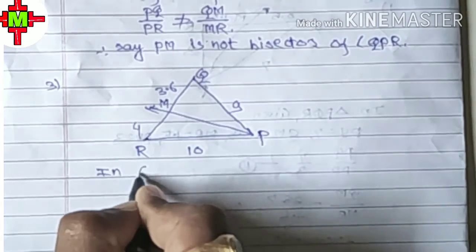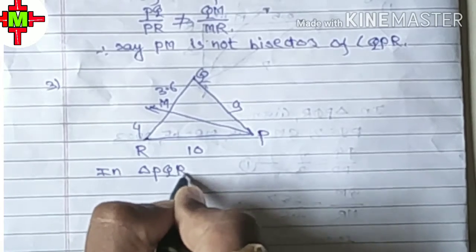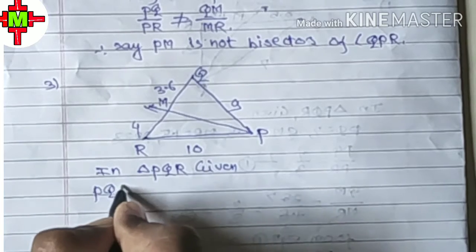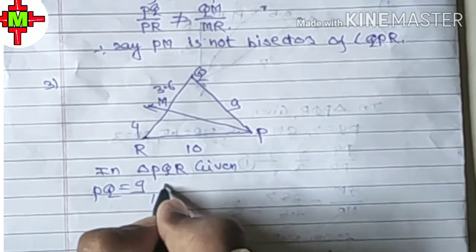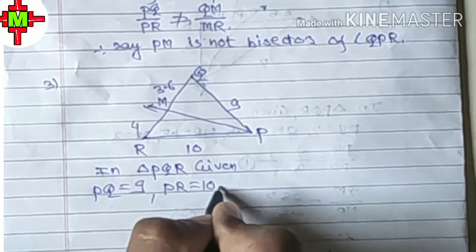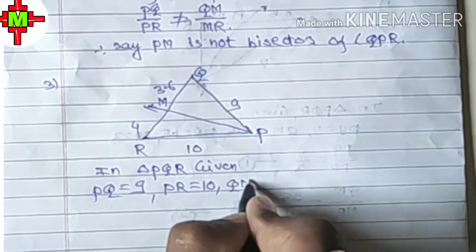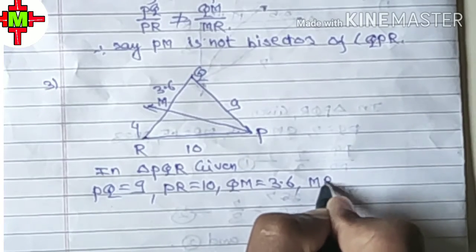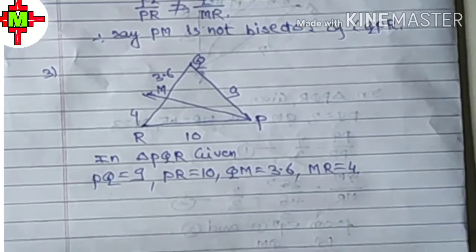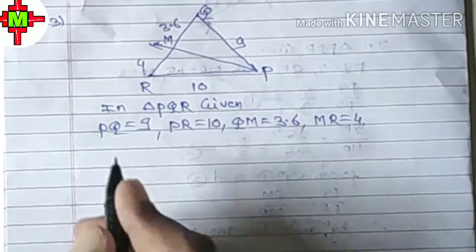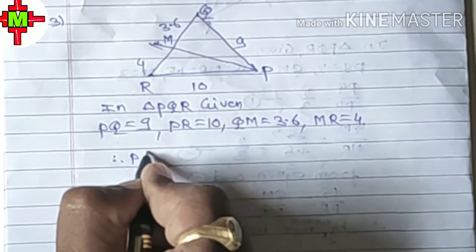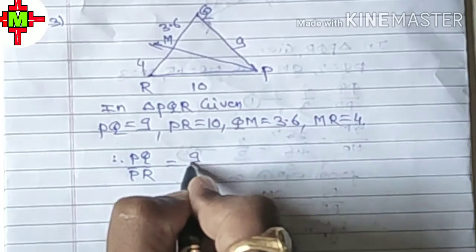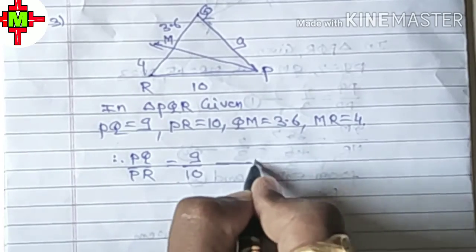In triangle PQR given PQ is equal to 9, PR is equal to 10, QM is equal to 3.6, MR is equal to 4. Therefore, PQ divided by PR is equal to 9 divided by 10. Give this equation number 1.